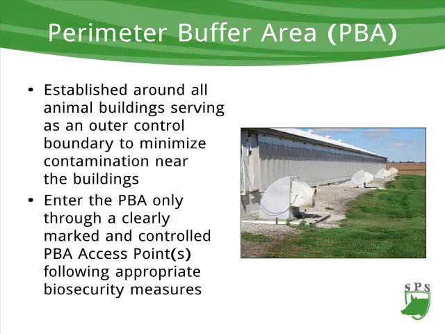This was his idea to implement this buffer area. And then the idea is that you don't enter that buffer area without following biosecurity measures. So it may be something that a feed truck driver doesn't cross into that area unless they put on booties and gloves or hand sanitizer if they're planning on climbing up to the bin to open the feed bin. So things like that to minimize the traffic in that area.